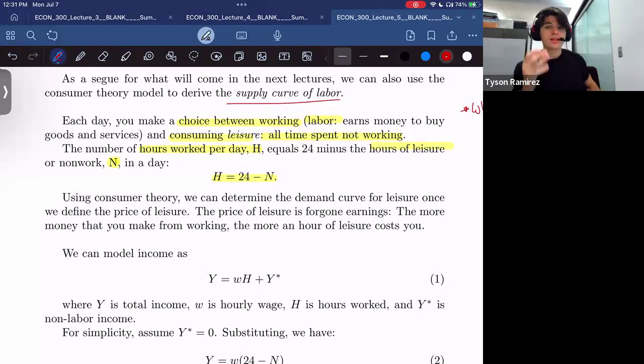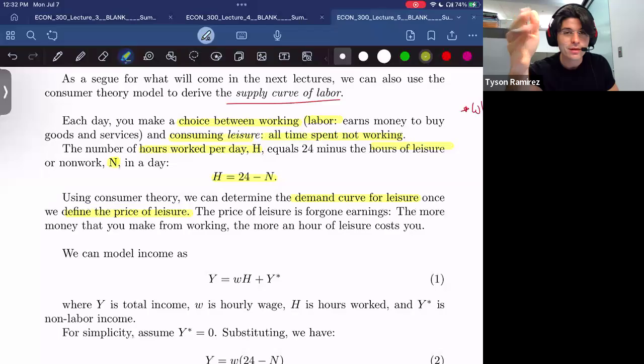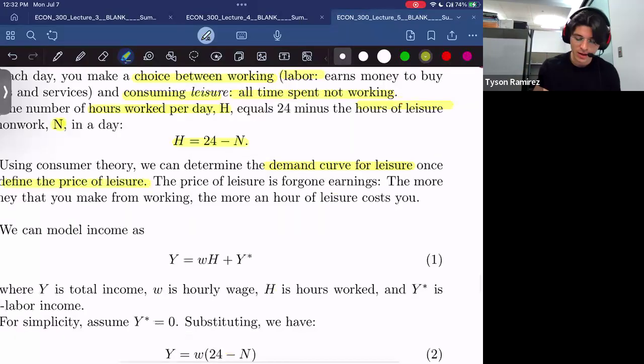Now, we can determine a demand curve for leisure, but we need to define the price of leisure. What is the price of 1 hour of not working? Well, it's going to be the wage that you would have earned from 1 hour of working. So 1 hour of chilling costs 1 hour of work time. In other words, the price of leisure is foregone earnings.